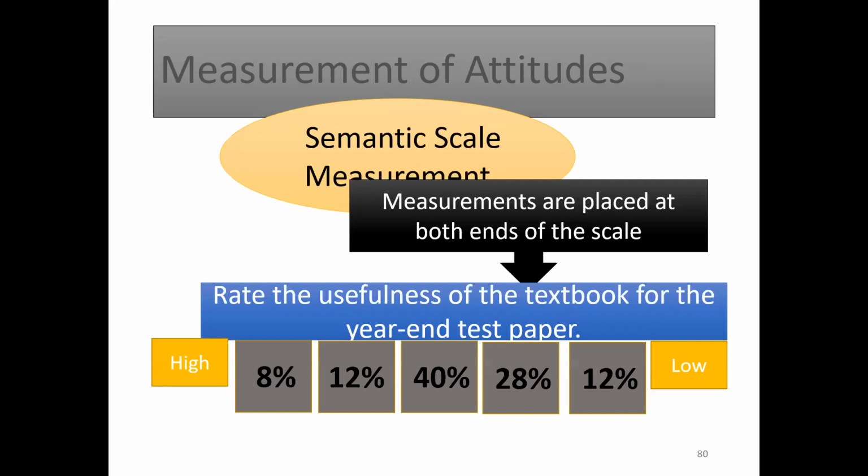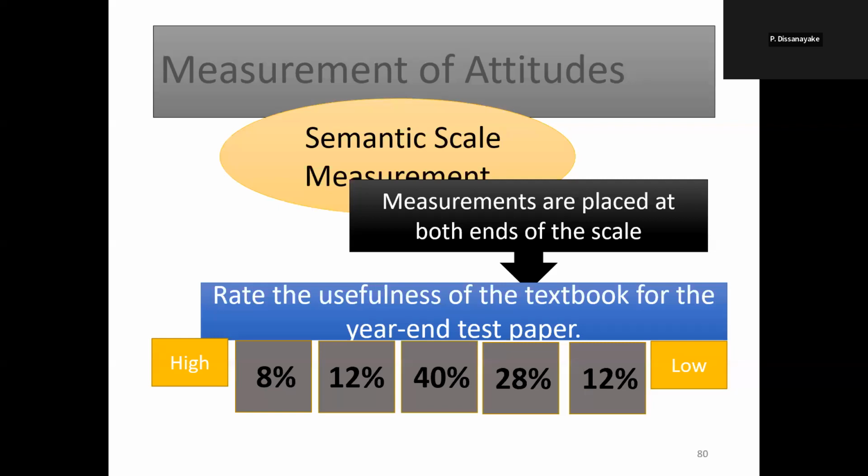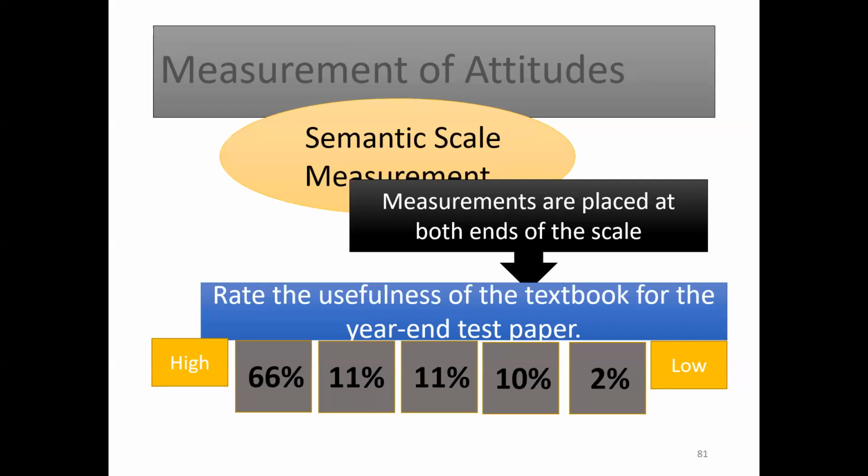Therefore, when you are preparing the questionnaire, don't merely ask, what is your attitude about the textbook? That is open-ended, and you cannot measure so many things. We will see very specifically how we measure the attitudes. Or rate the usefulness of the textbook.